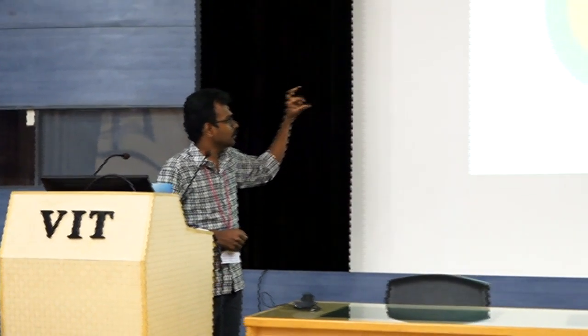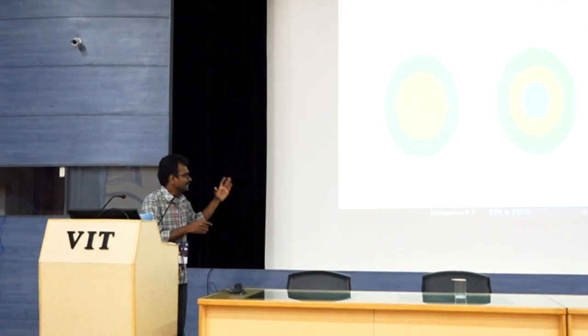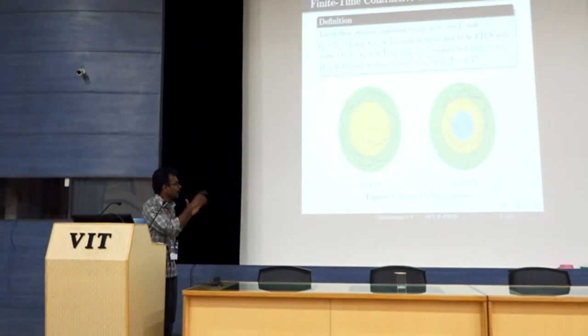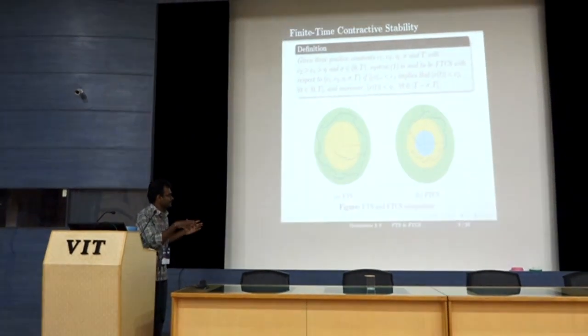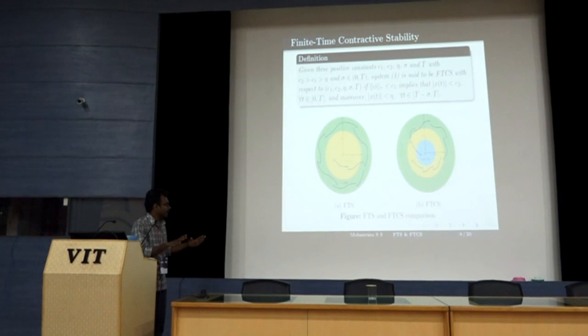We add one more condition for finite time contractive stability. This is a simple pictorial diagram for FTS and FTCS. The first x0 is the initial value. Given that the initial condition stays within a bound, my dynamical system always stays within a certain bound up to a certain time period.